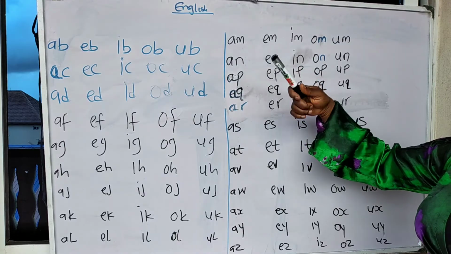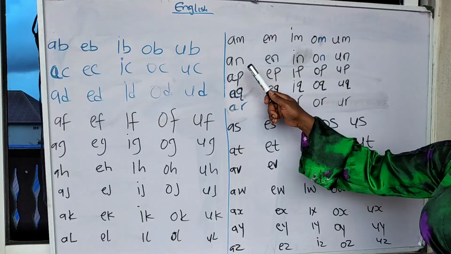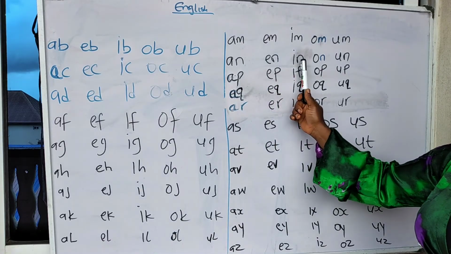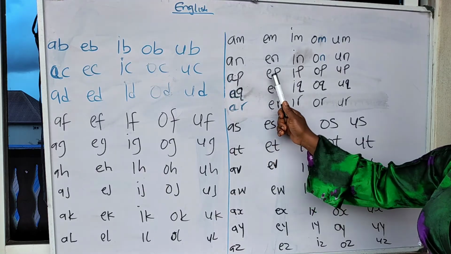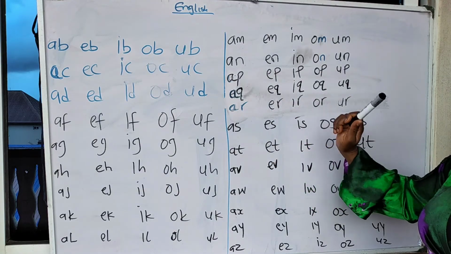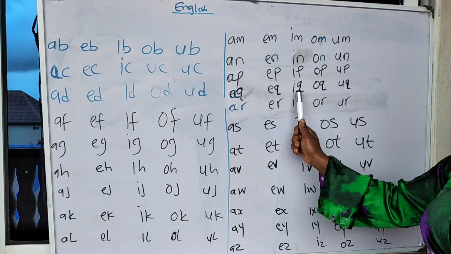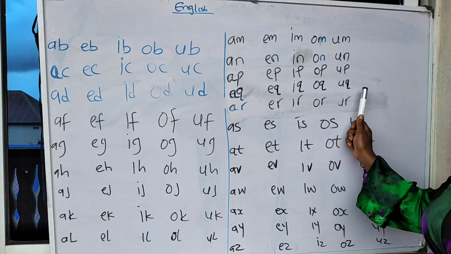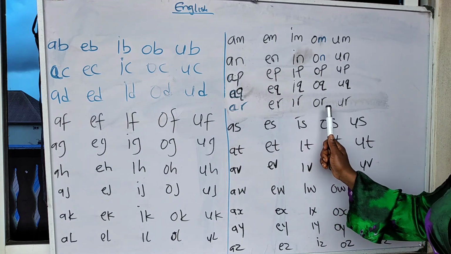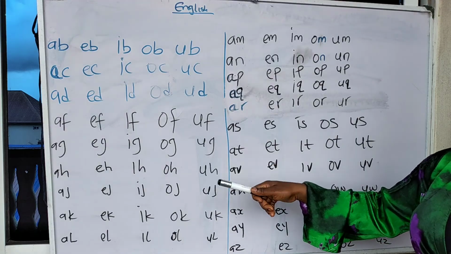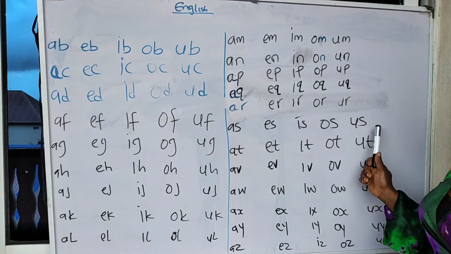Am, em, im, om, um. An, en, in, on, un. Ap, ep, ip, op, up. Ak, ek, ik, ok, uk. A, e, i, o, u. As, es, is, os, us.